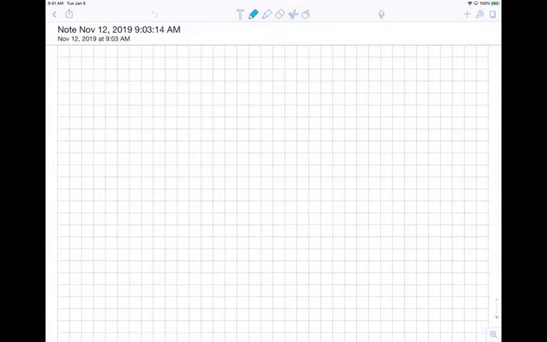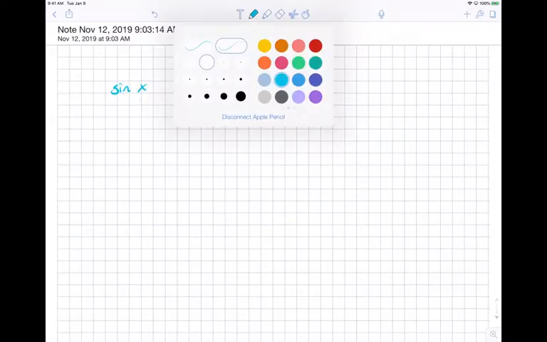Okay, let's recap when we talked about sine. Last time, we looked at the graph of sine of x. Say this was 1, this was -1, and this was 90 degrees, 180, 270, 360.